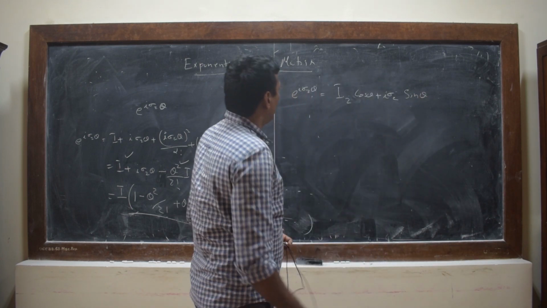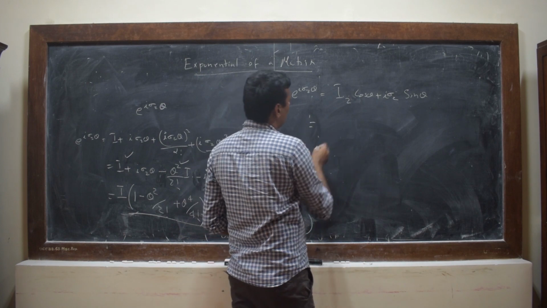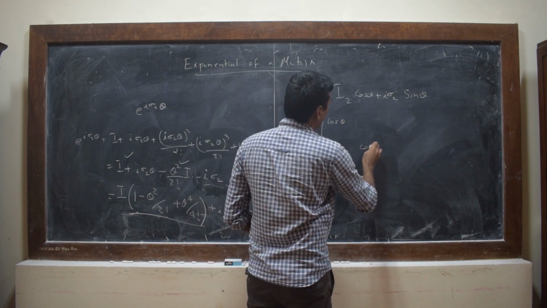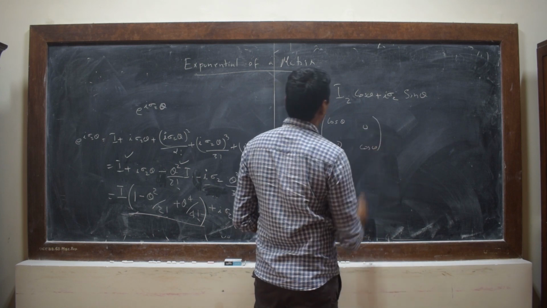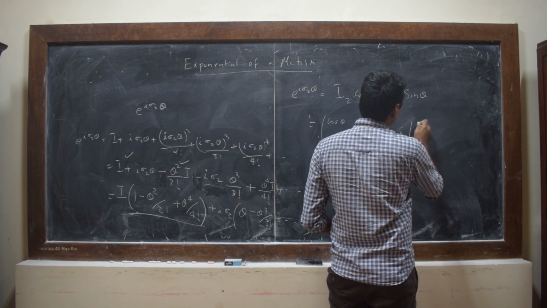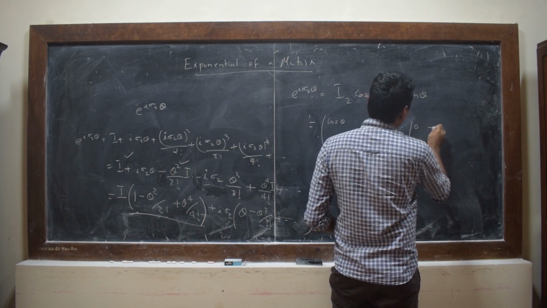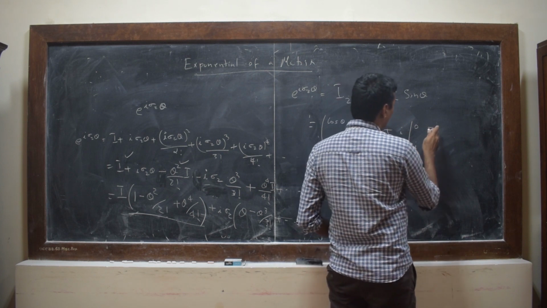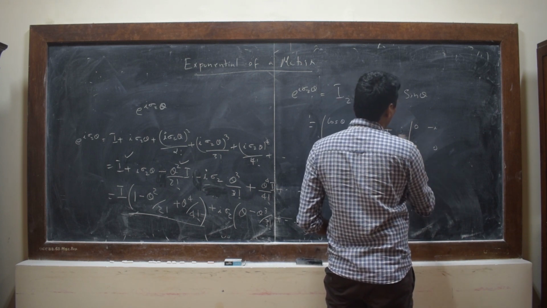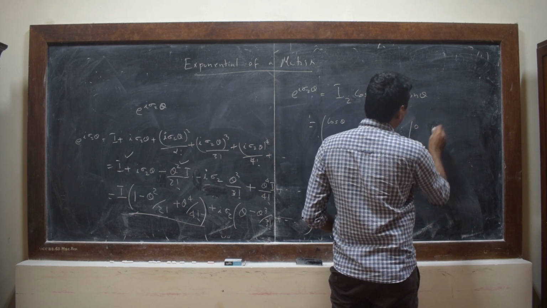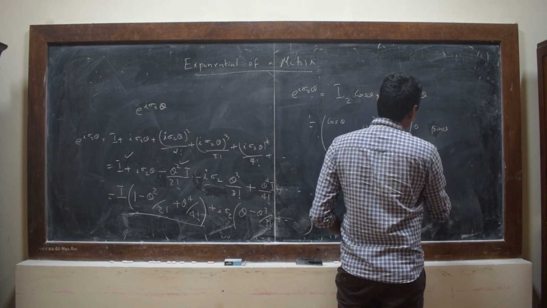So this will be cos theta 0 0 plus i into 0 minus i 0. So i square will be equal to 1, minus i square will be 1 and this will be minus 1, so into sin theta will be sin theta, minus sin theta.